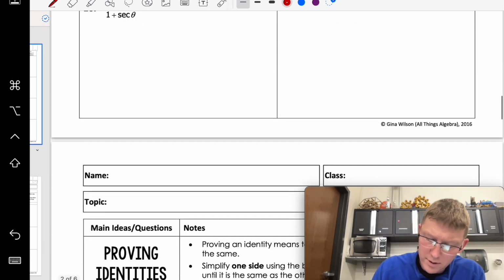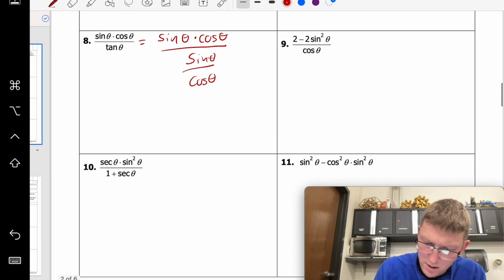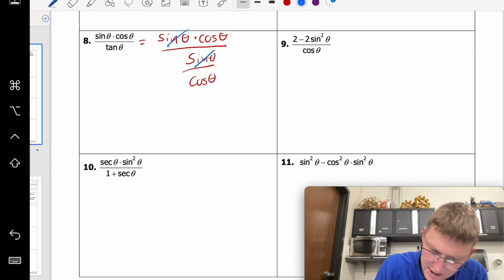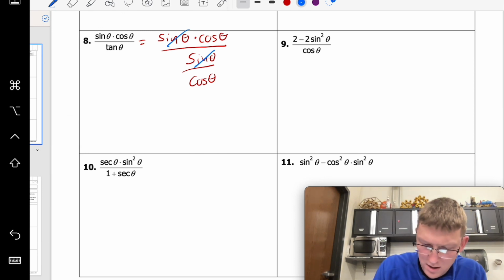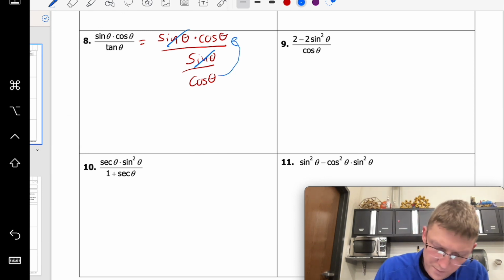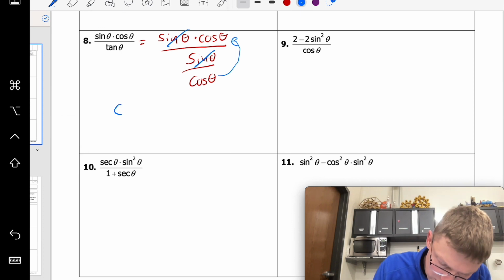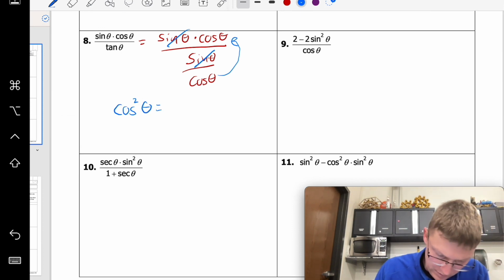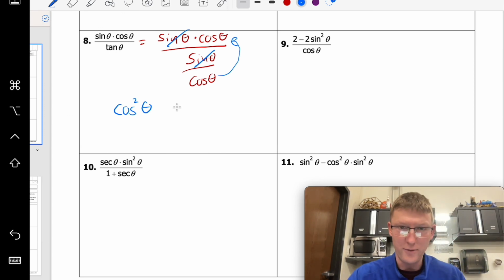Now that's kind of convenient because our sines cancel out, and then this cosine is going to come up here. So my final answer is just cosine squared of theta. It does not equal anything else; as simplified, it's cosine squared of theta.